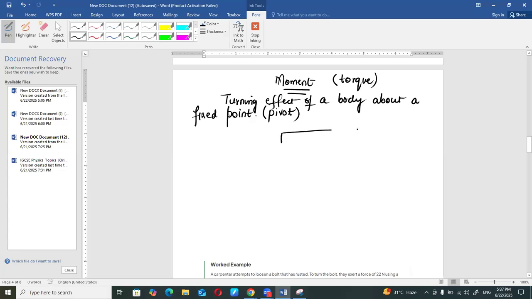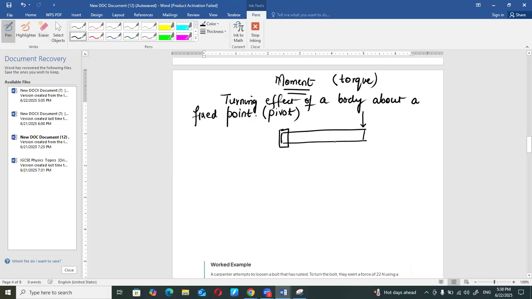Now, what exactly does that mean? Let me give you an example. Suppose you fix one side of an iron rod. It cannot be moved from there. If you apply a force in the downward direction, it will try to rotate the rod in a clockwise direction about this point.